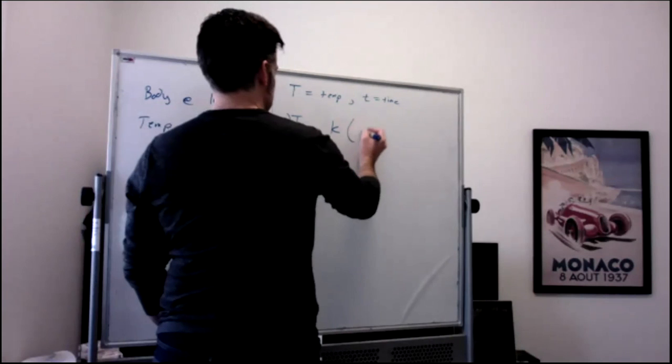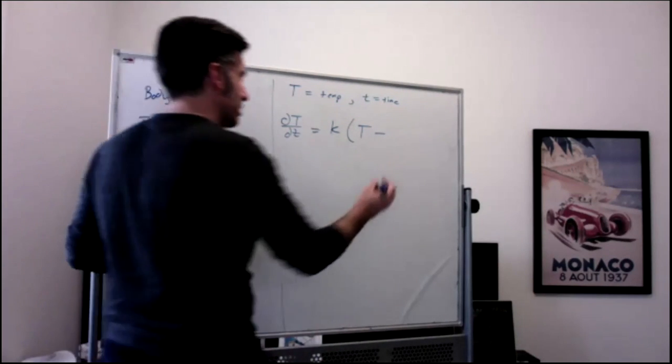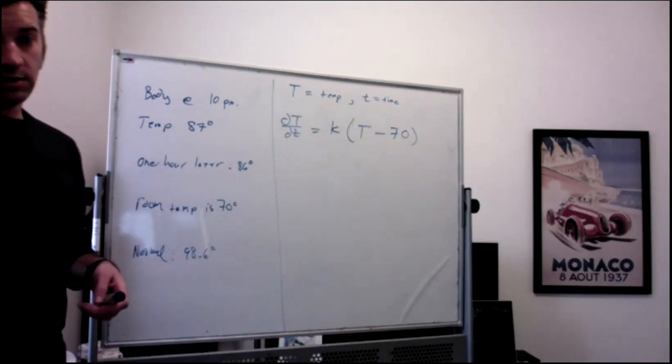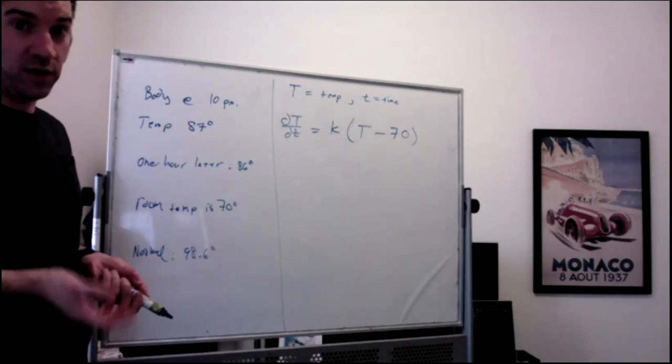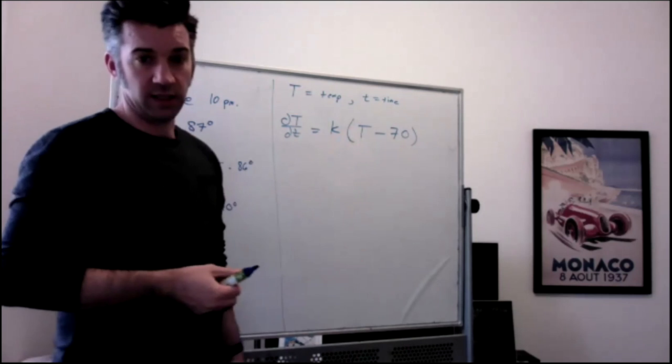So I'm going to say T is the body temperature and the surrounding environment temperature is 70 degrees. So this is how we set up the differential equation here, right? We have dT/dt equals k times T minus 70.